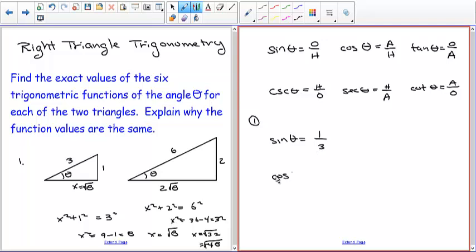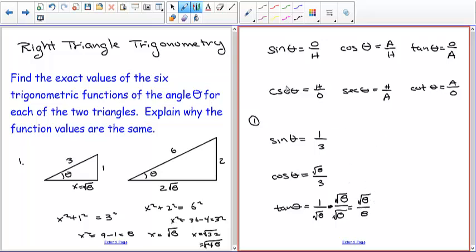The cosine of theta is adjacent over hypotenuse. The tangent of theta is opposite over adjacent. Now this one, because I have the square root of 8 in the denominator, I'm going to multiply and divide by the square root of 8. And so you'll end up with the square root of 8 divided by 8.